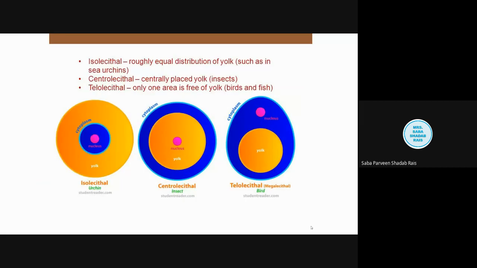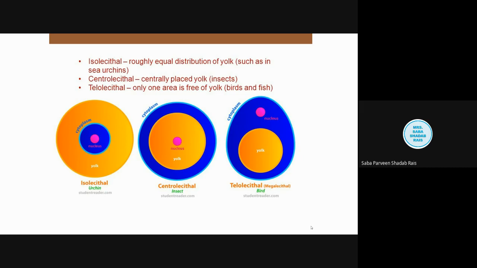Now let us discuss about the centrolecithal egg. When we talk about the centrolecithal egg, the center of the egg will be occupied by the nucleus as well as a small quantity of cytoplasm.